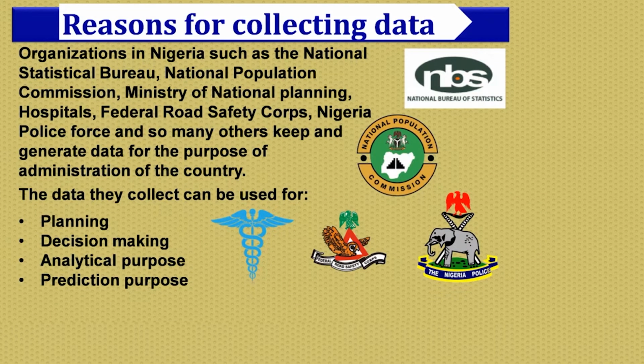It is important to note that data collected in statistics can be used for the purpose of proper planning, decision-making, predictive and analytical purposes. There are several organizations that collect data for statistical purposes, and they include the National Bureau of Statistics, National Population Commission, hospitals, the Federal Road Safety Corps, and the Nigerian Police.